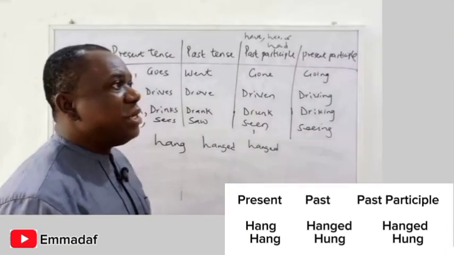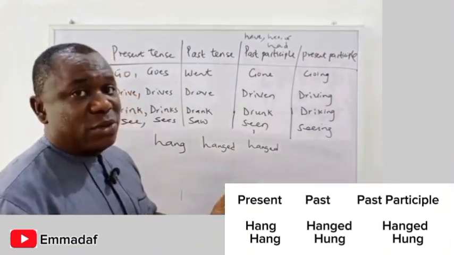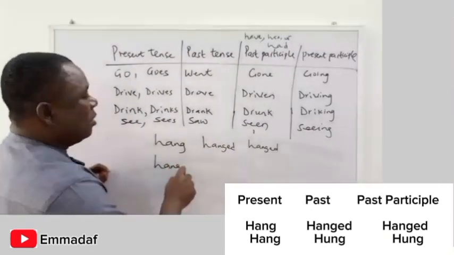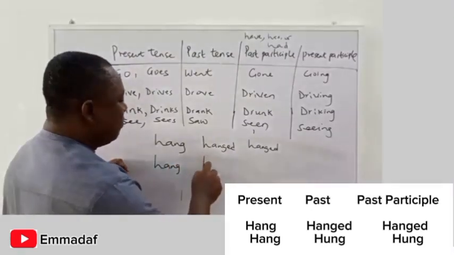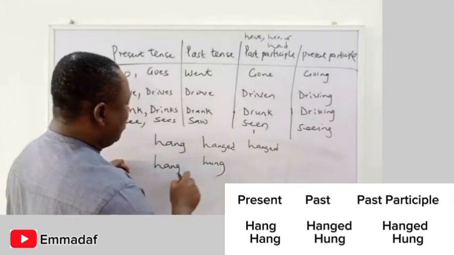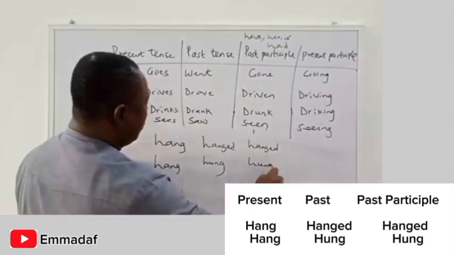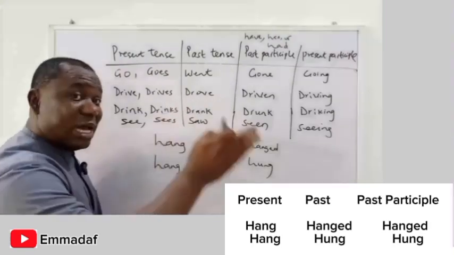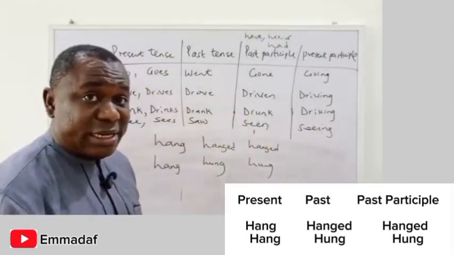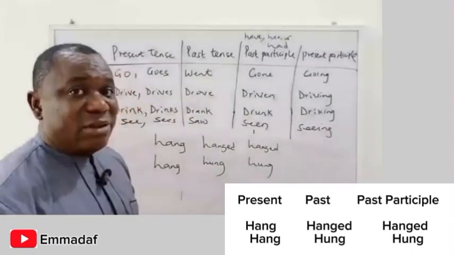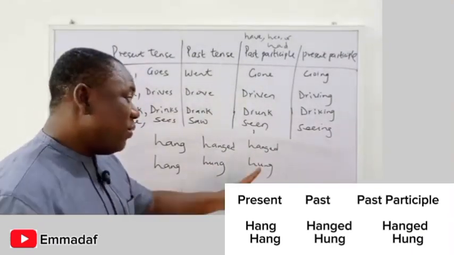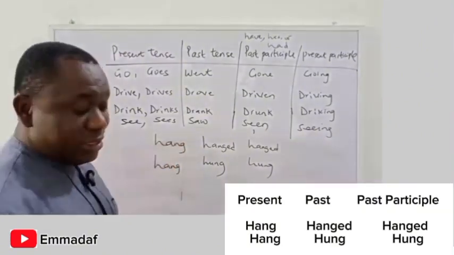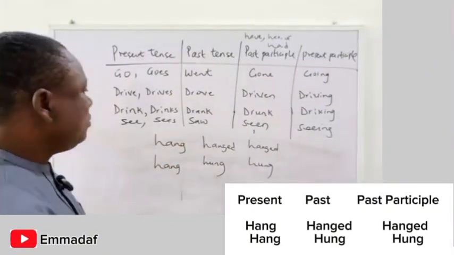Now, if you are using it to indicate spreading your washings outside, every day, I hang my clothes outside. Yesterday, I hung my clothes outside. I have already hung my clothes outside. So you must take note of this distinction.